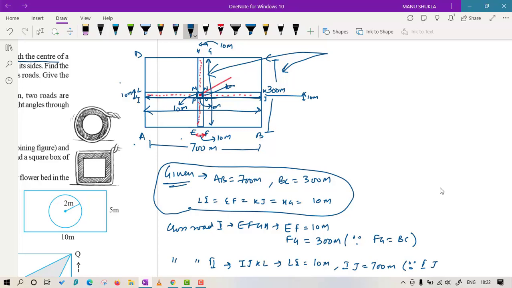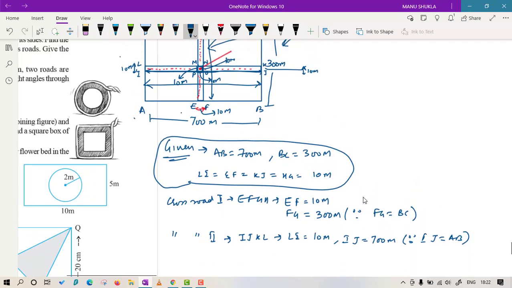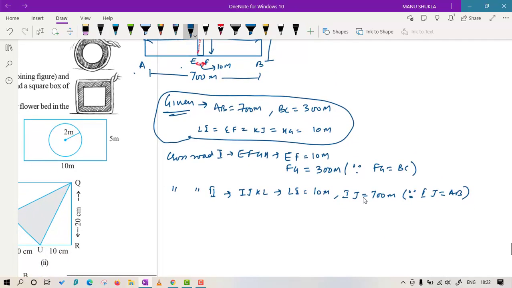So we have found the two crossroads dimensions. Just we need to write the main statement now. Okay, one more thing. We had to find this MNOP also. So write that also. So common area or square MNOP is of dimension what? 10 meter each side.